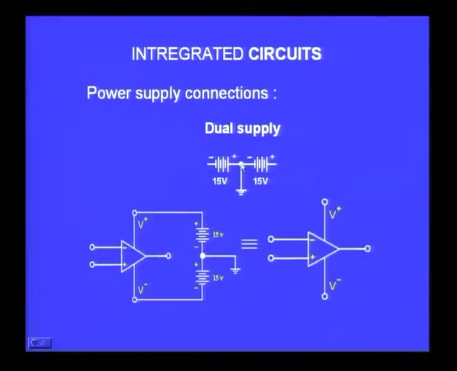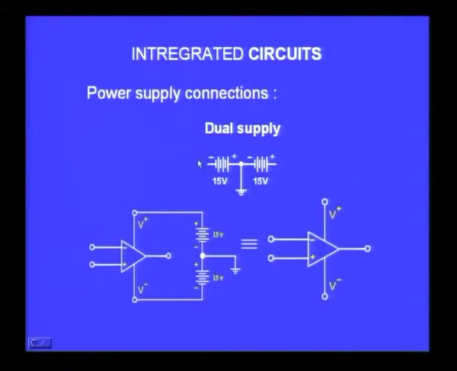So, if you now look at this end of one of the batteries, this is grounded, that means the negative is grounded, and therefore it becomes a plus supply with reference to ground. If you look at the other side, you find the plus end of this battery is connected to ground, and therefore what you get is a minus supply with reference to ground.